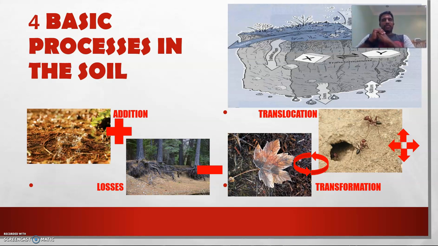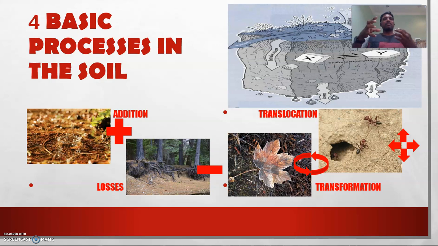Transformation is the process where the form is transformed. For example, in this picture you can see plant parts, right? It's a leaf. What will happen to the leaf after 1 or 2 weeks? It will become compost. It will change into organic material.